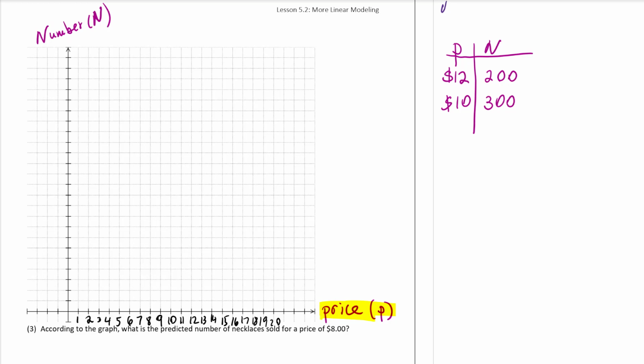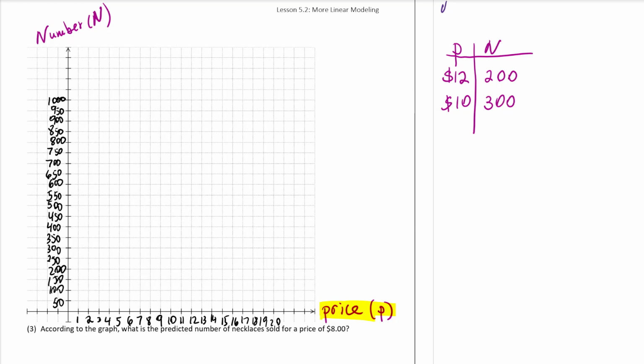Maybe $100 would be a little bit too big, so I'll go by 50s. If you did 25, that's also okay. Again, it's all relative. So 50, 100, 150, 200, and so on. Alrighty, so these are the number of necklaces being sold.